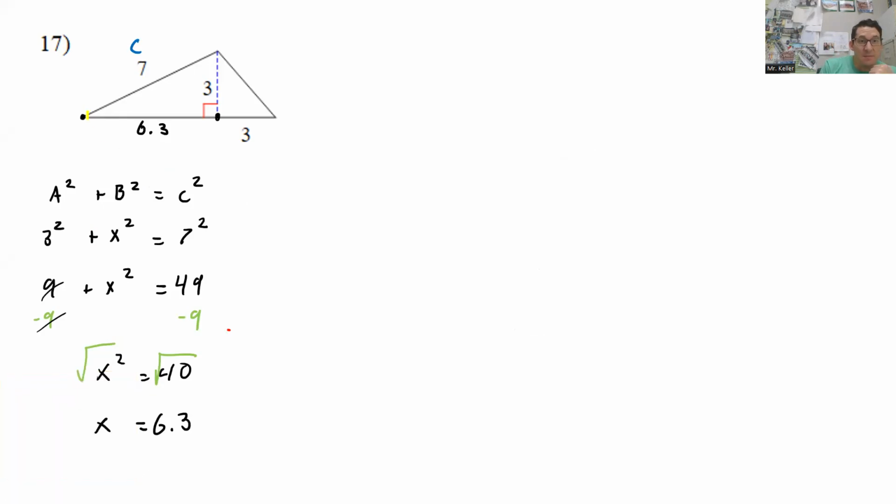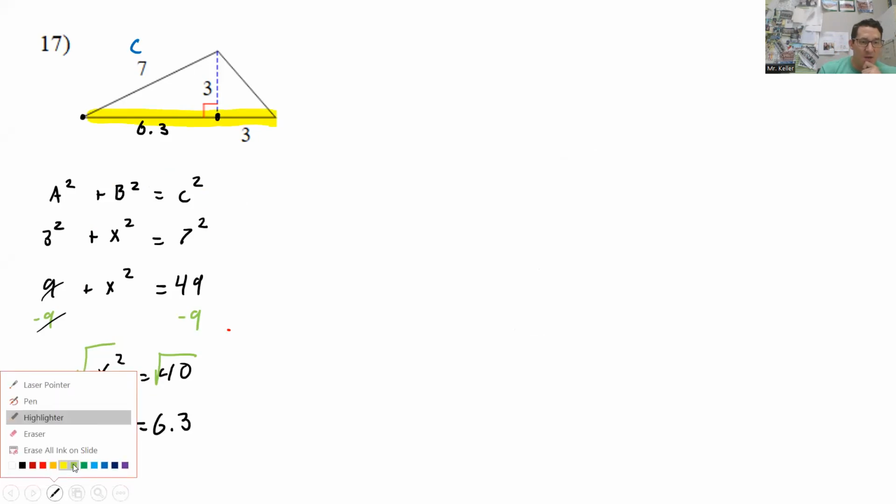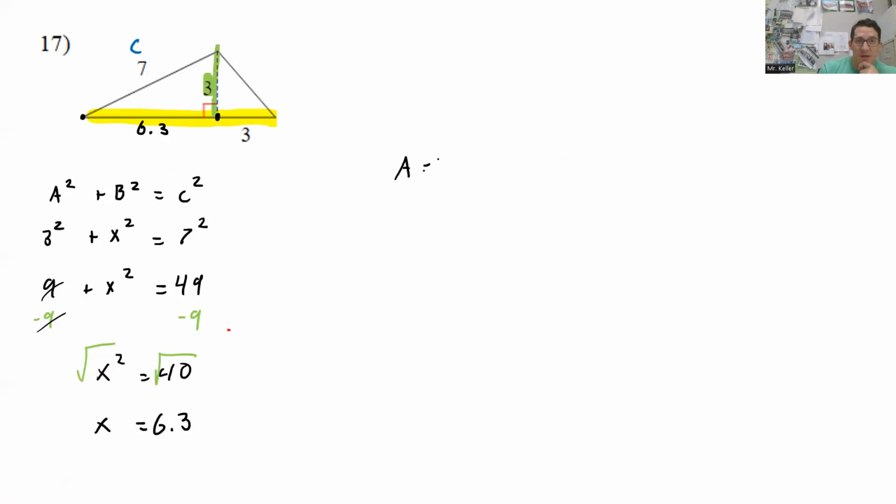Okay. So I have this whole part is the base, and then the 3 here is going to be the height. So I'm going to use the area is equal to the base times the height divided by 2. The height is the easy one. That's just 3.